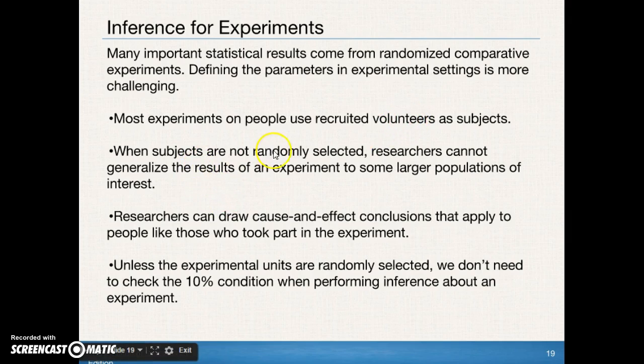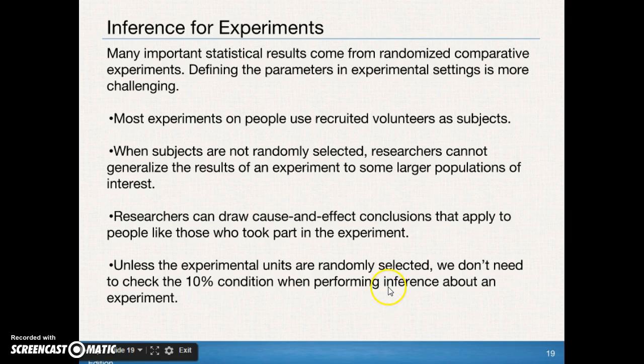So again, when subjects are not randomly selected, researchers cannot generalize an experiment to some larger population of interest. We can come up with a result, but you can't talk about the entire population if they were not randomly selected. Researchers can only draw cause and effect conclusions that apply to people like those who took part in the experiment. So again, don't generalize to too many people. It only applies to the people that are pretty much exactly the same as those that took part.